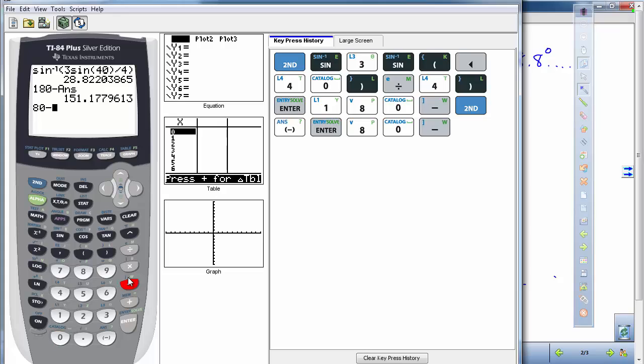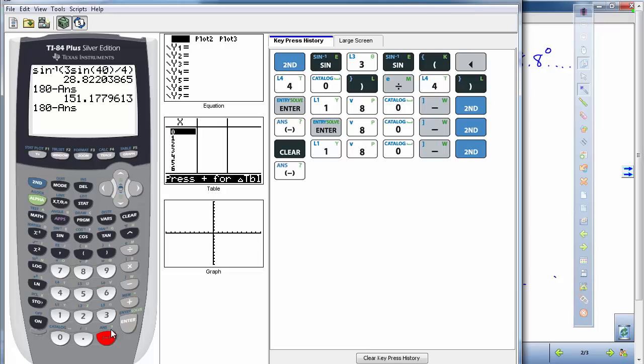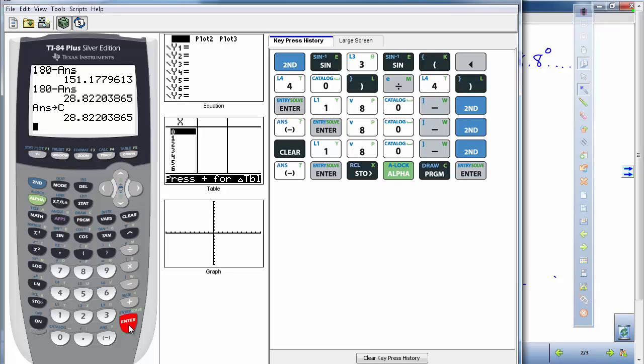180 minus second answer. Okay, I'm just going to go on and store this. We'll use storage a lot here as alpha C. I think it was angle C, so I've got it now.